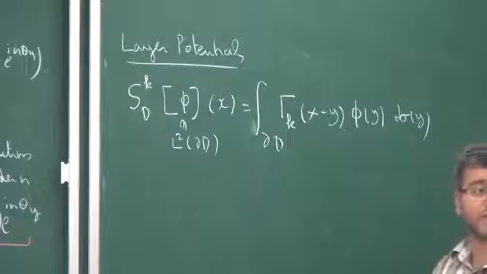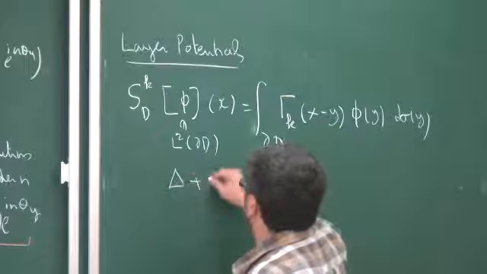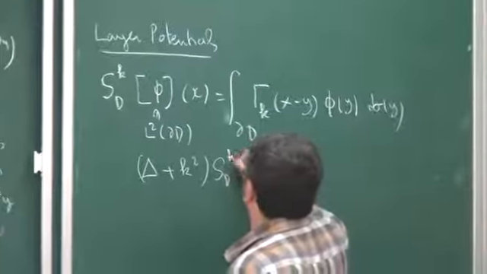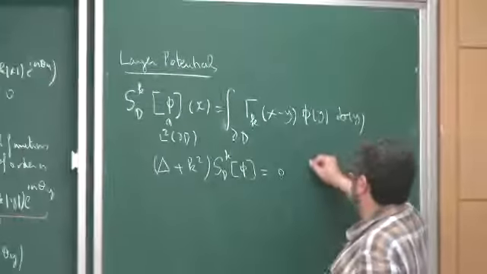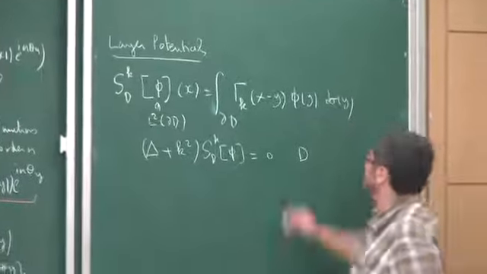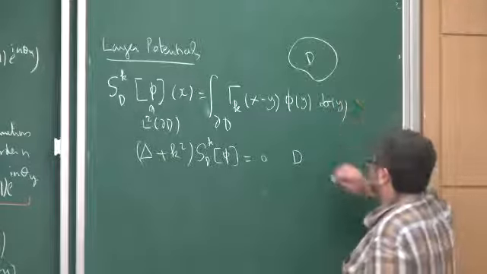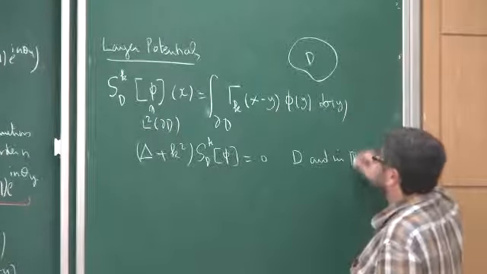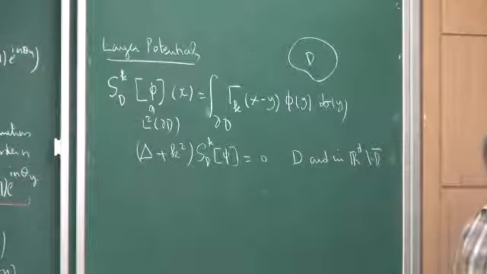The single layer potential satisfies the Helmholtz equation. It is a solution to Laplacian plus k square of S_D^k of any phi, equal to 0 in D, which is my inclusion, and outside D. Okay, it satisfies the Helmholtz equation.